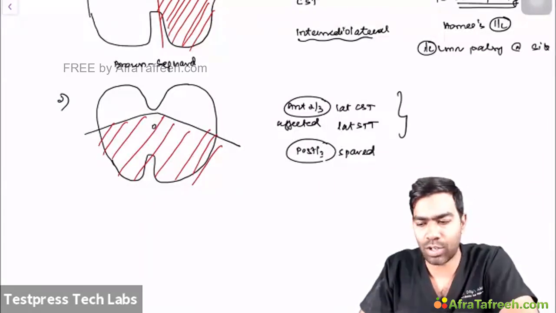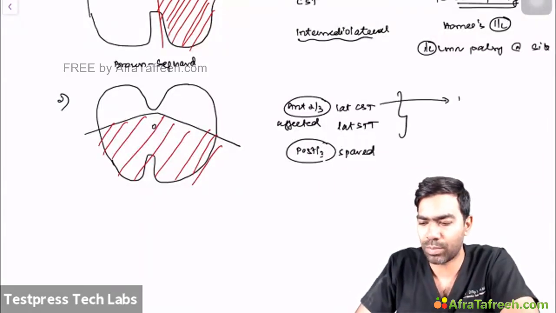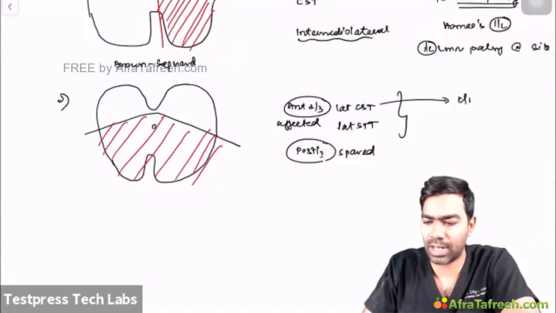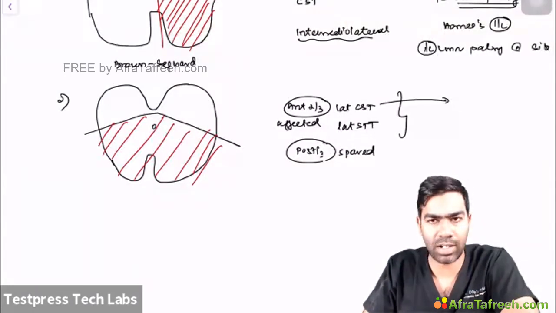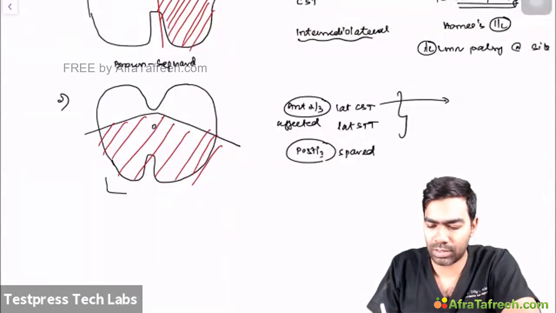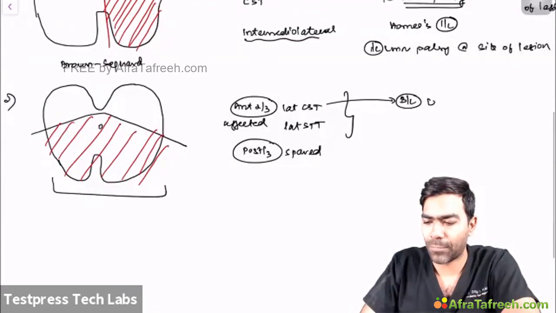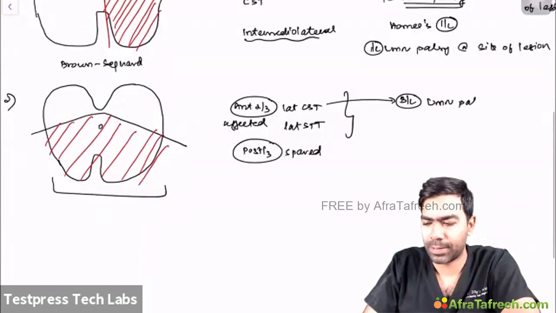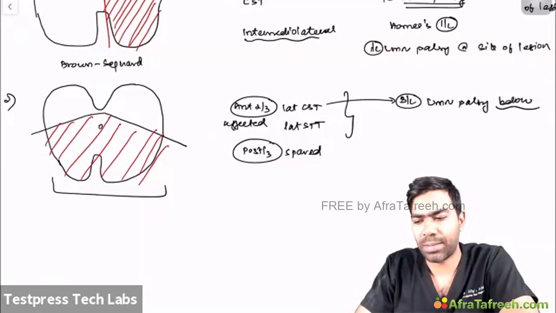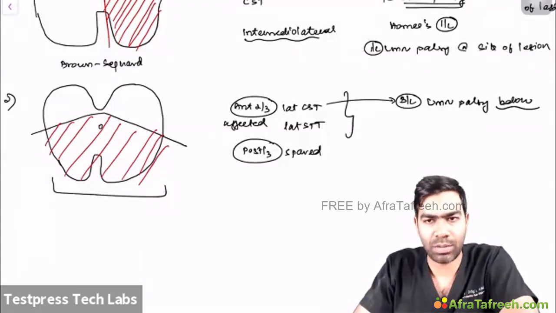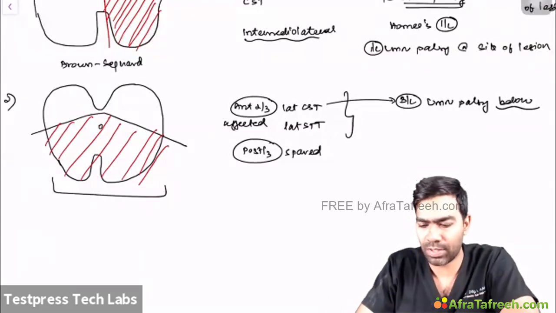As far as the lateral corticospinal tract involvement is concerned, it's not ipsilateral. Again, it will be bilateral because the entire cord is affected here. So it's going to be a bilateral UMN paralysis below the level of the lesion. And there can be LMN paralysis at the site of the lesion, but there's going to be a bilateral UMN paralysis below the level of the lesion.